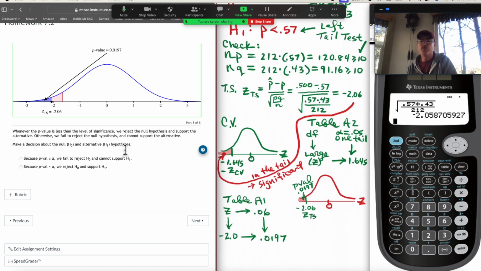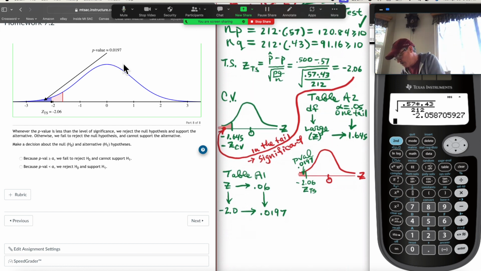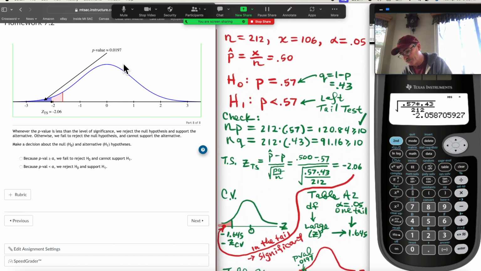And now the bottom line, and the rule here, is that whenever the p-value is less than the level of significance, we reject the null hypothesis and support the alternative. So again, our p-value is 0.01. Let me put this down here. P-val is 0.01, and then I'm going to put in the 97 very faintly, because we only really need to think about the first two digits when we compare it to alpha. 0.01 is definitely less than 0.05, which is our alpha value, I think up here. Yes.